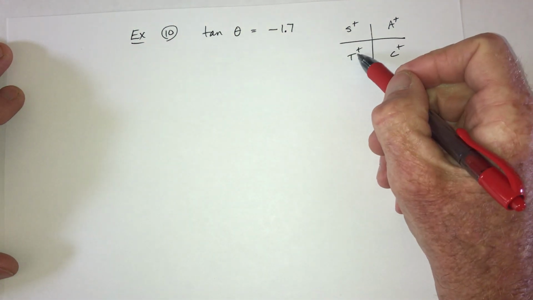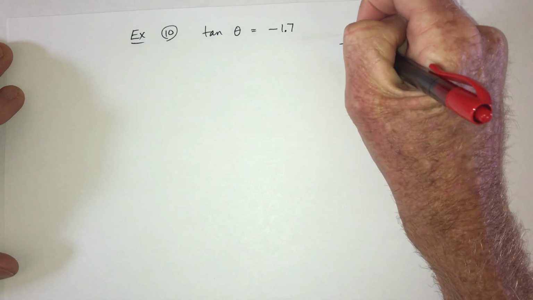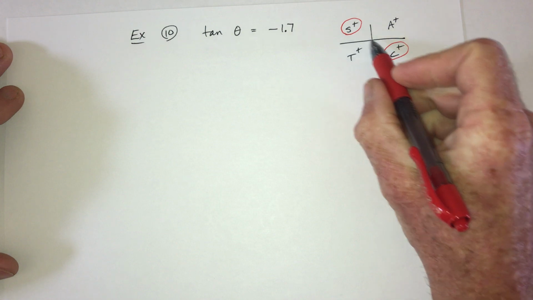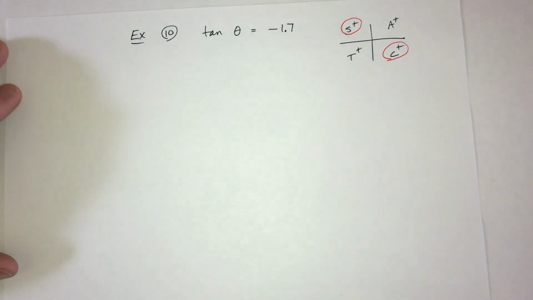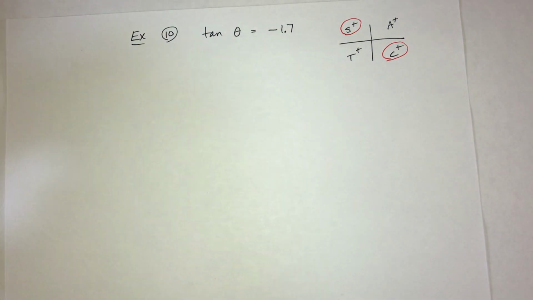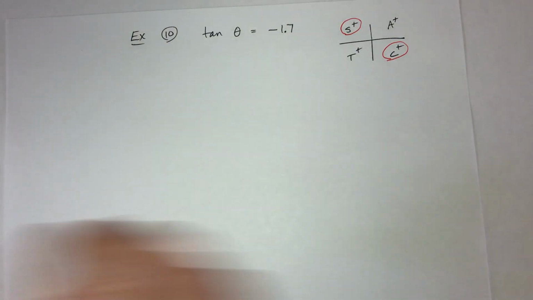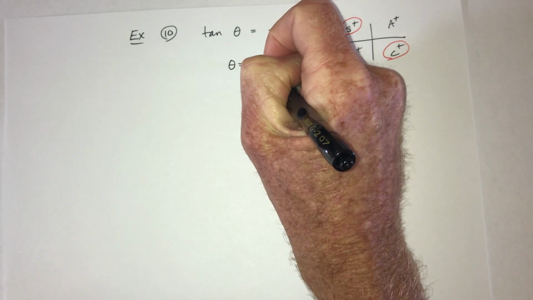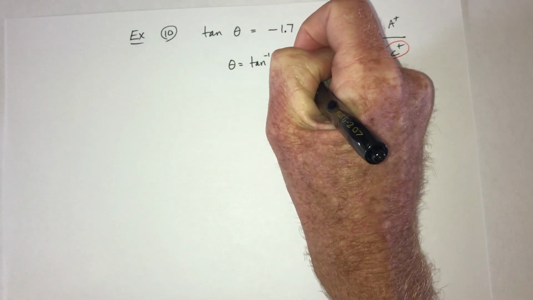So tangent's positive here, and they're all positive here. So in other words, there would be two solutions, one in the second quadrant and one in the fourth quadrant. Now what happens when you take tangent inverse of a negative? Let me write that part down. Theta equals tangent inverse of negative 1.7.